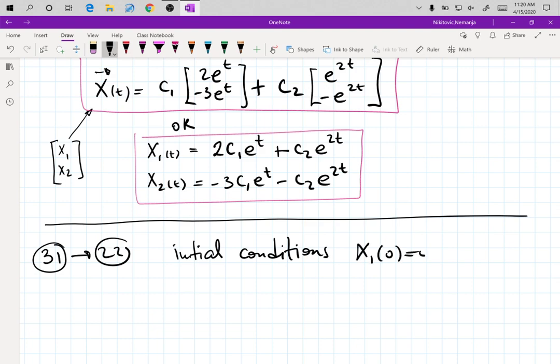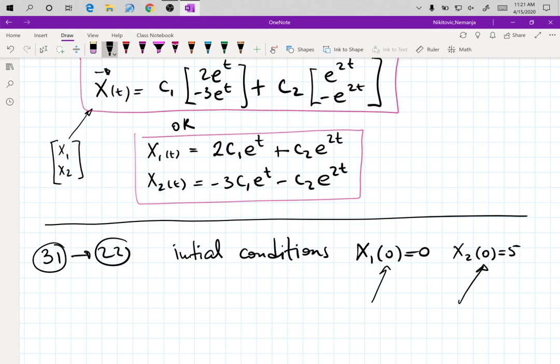x1 of 0 equals 0 and x2 of 0 equals 5. So when you plug in 0 for t in both of these equations, because both t's are zeros, you have to be careful.